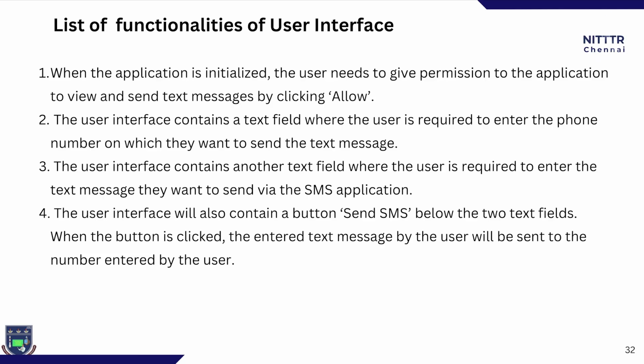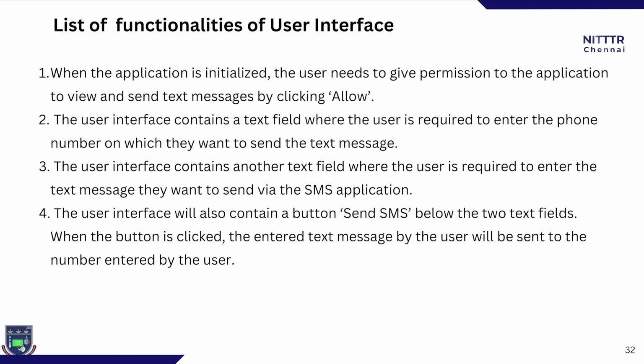The list of functionality that the user interface will have: the first one is that when the application is initialized, the user needs to give permission to the application to view and send text messages by clicking allow. Second, the user interface contains a text field where the user enters the phone number to which they want to send the text message.